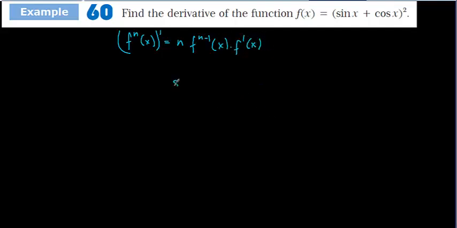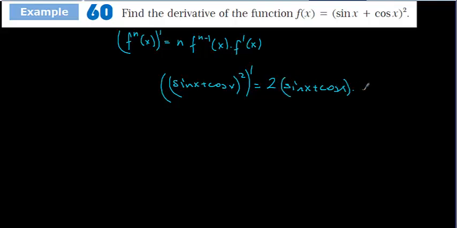So the derivative of (sine x plus cosine x) squared is going to be equal to 2 times (sine x plus cosine x) to the power 2 minus 1, which is going to be 1 now, times the derivative of (sine x plus cosine x).